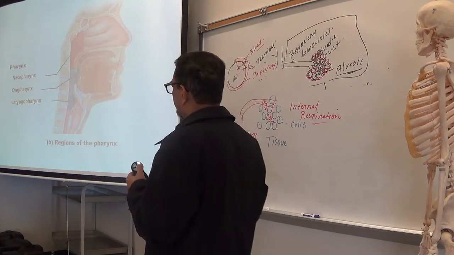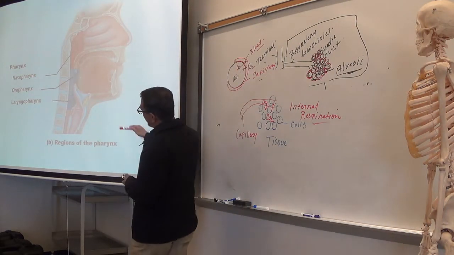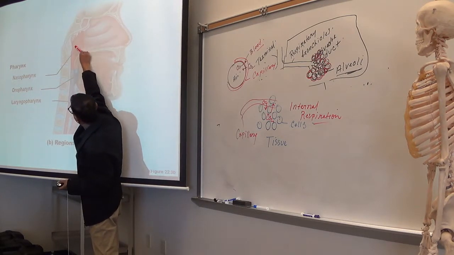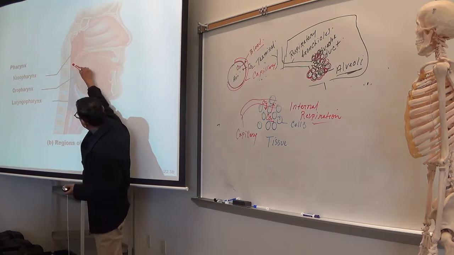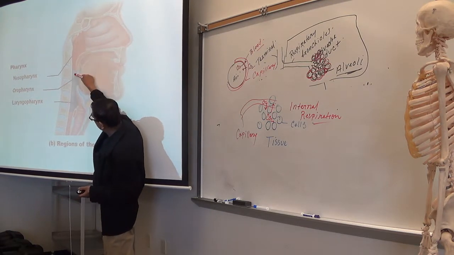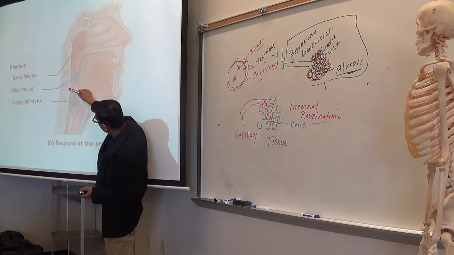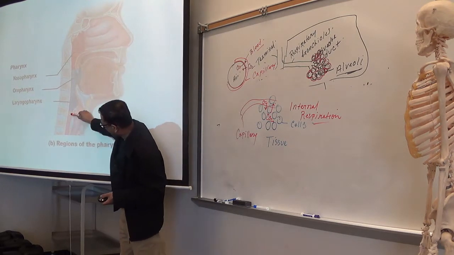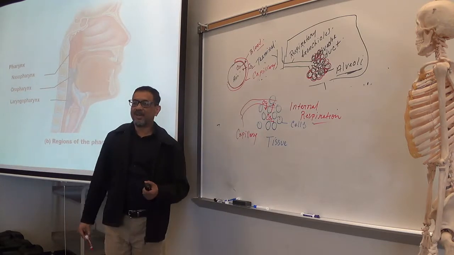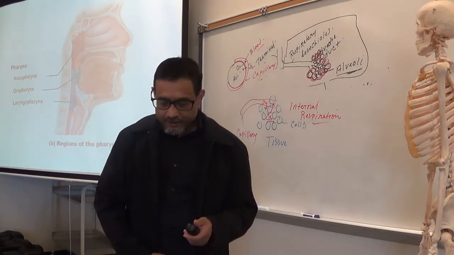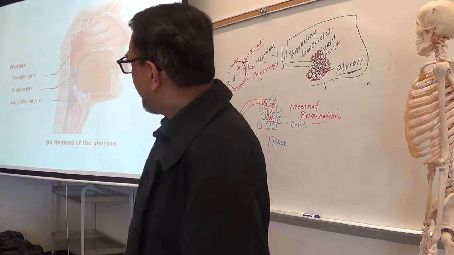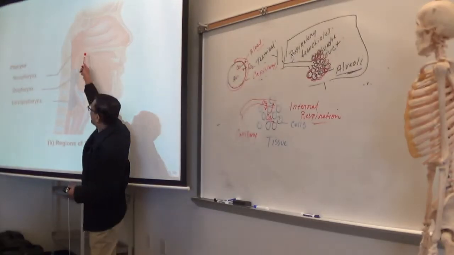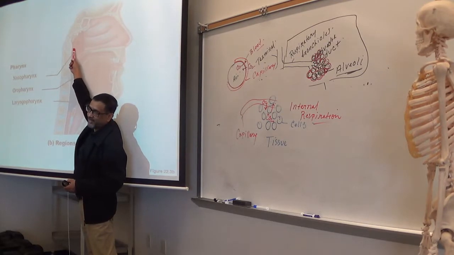Now, here you see three different colors. This is the nasal cavity, so this is the nasopharynx. This is the oral cavity or mouth, so this part is called the oropharynx, and this is the laryngopharynx. Then this is the larynx and esophagus. So now you tell me, this is the nasopharynx, right?